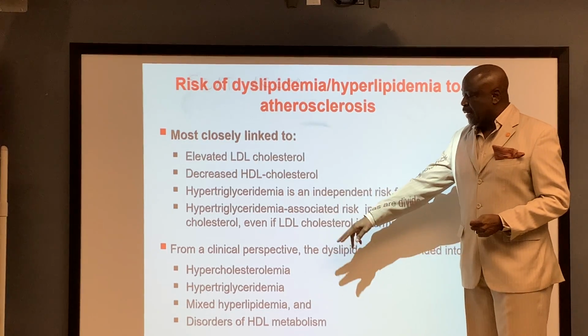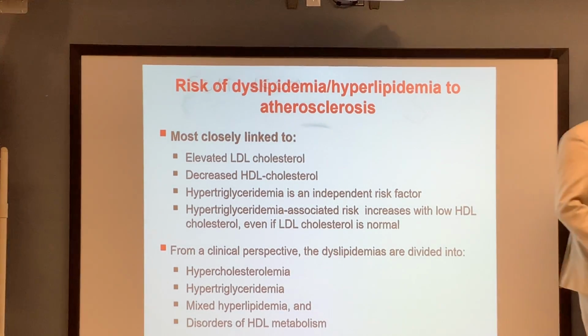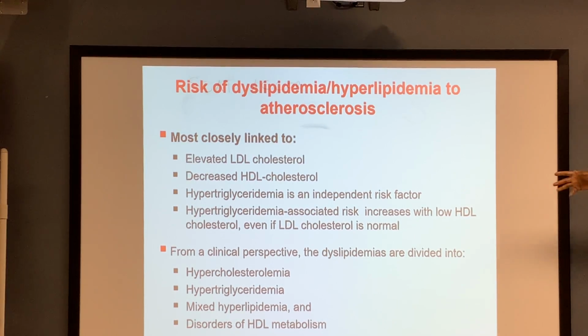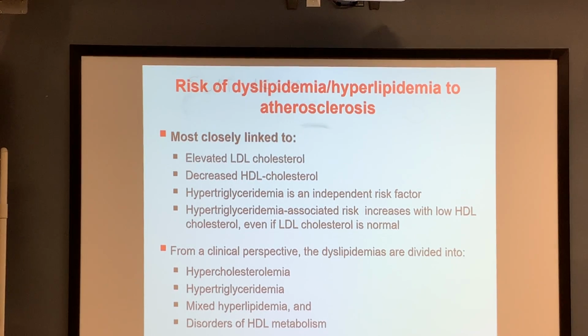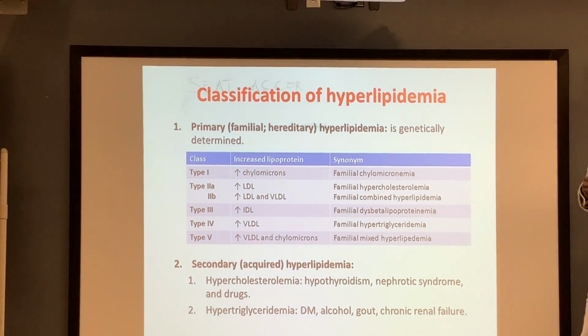And when we talk about high cholesterol, of course, we always refer to the LDL. Of course, you also have the other transporter proteins, the chylomicron and very low density lipoproteins, as that will feature in this case. So when you look at this slide, it talks about the classification of hyperlipidemia.